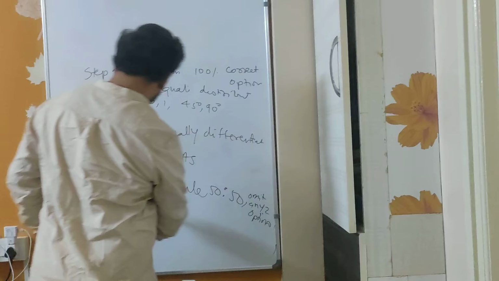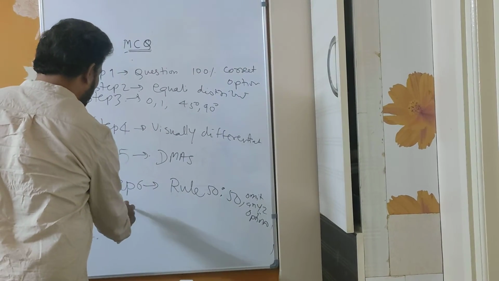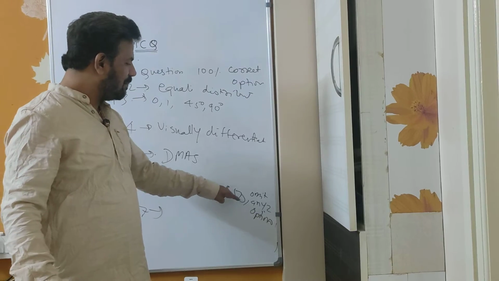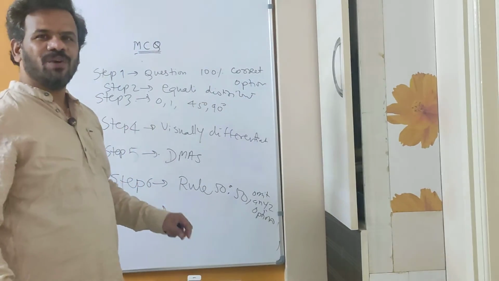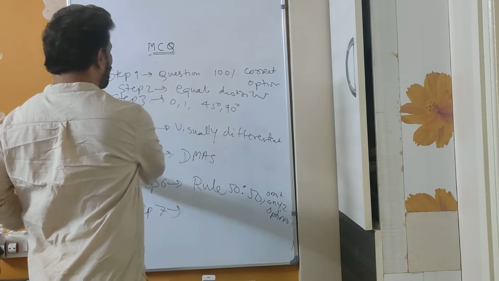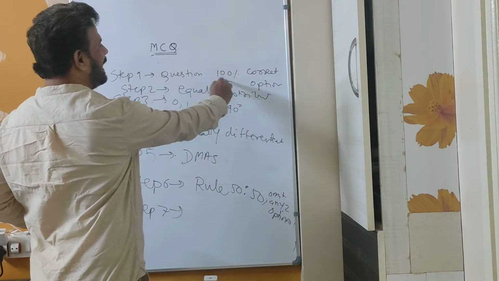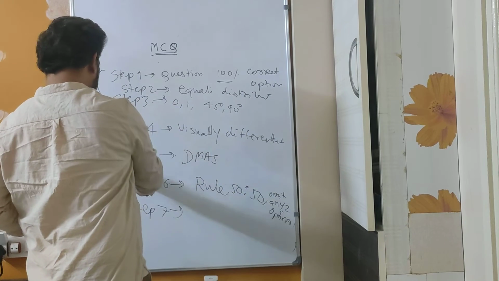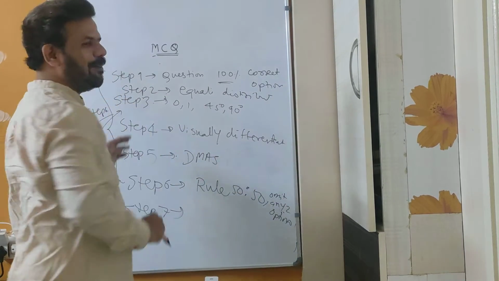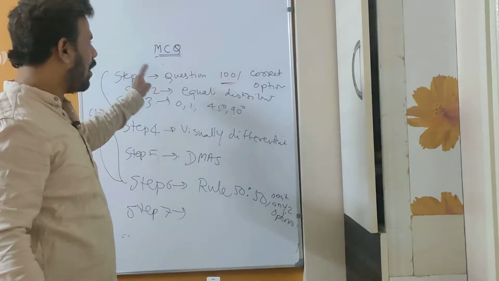Now step number 7 is, after you have used rule 50-50, you are left with only 2 options, and then you go back and count whatever options you have correctly answered using all the steps till step 6, and what is the probability of options? Now you count each option.